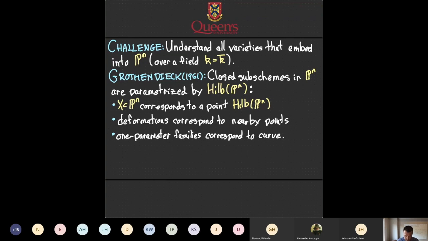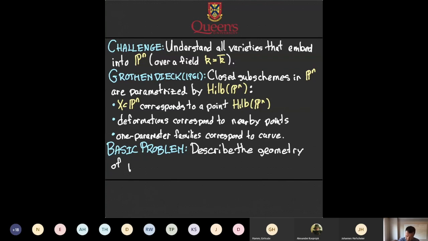So the basic problem from this point of view is the following. We want to describe the geometry of these spaces, and in fact this turns out to be a projective scheme itself.